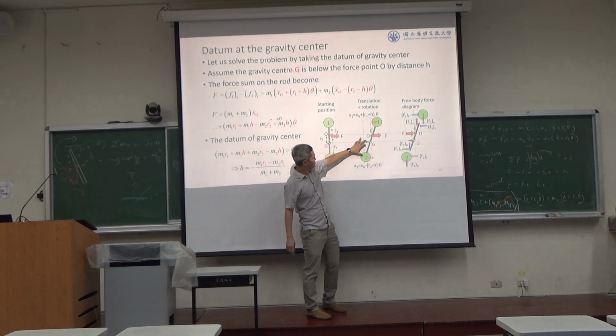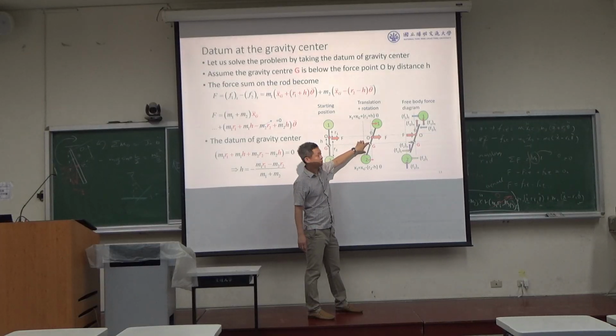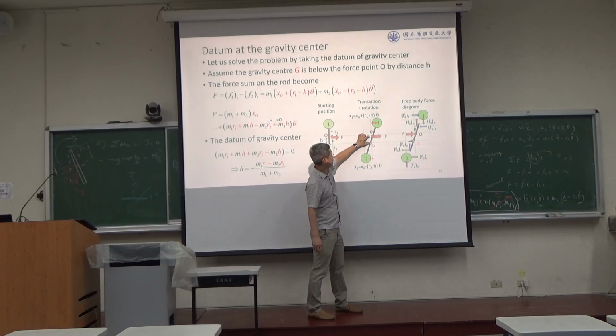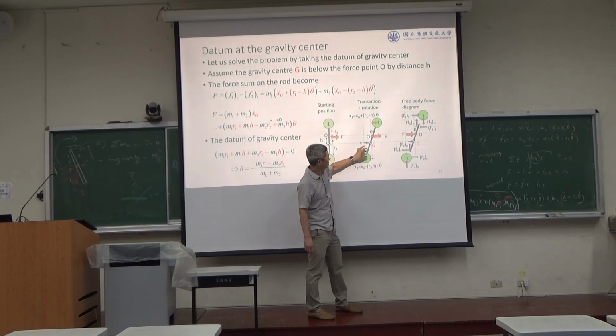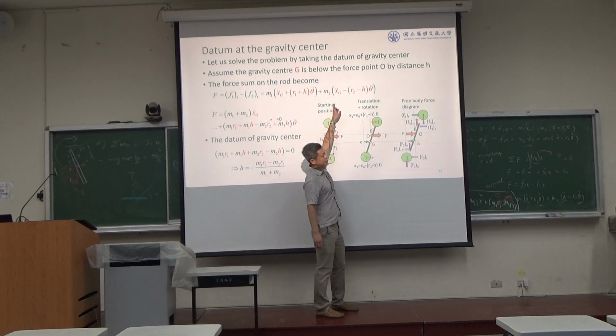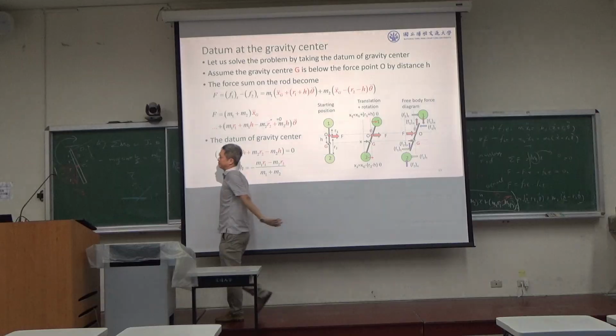And then how about the bottom bob? The bottom bob is now closer to the gravity center, further away from the force point. The distance between the gravity center to the bob 2 is now force point distance minus the distance between the force point and the gravity center. So this is the R2 minus h. Now you can write this as gravity translation minus R2 minus h theta double dot.